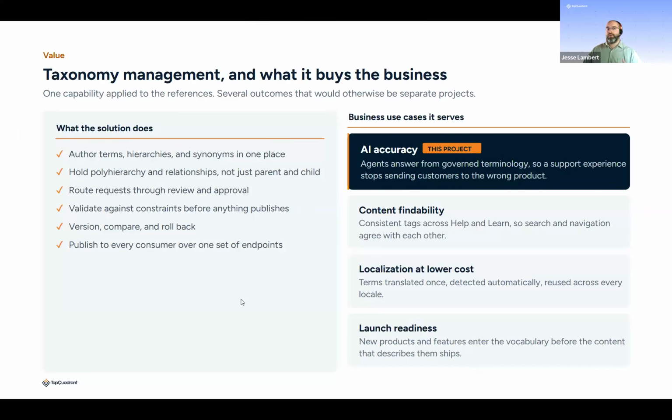Associative relationships, validation, versioning, all of the constraints, publishing, automation, a lot of things. But ultimately, on the right-hand side is really what matters. The AI accuracy is what we've built up to. Factor knew how to deliver for Rachel. Top Quadrant came in and gave a platform to basically do the publishing with, so that they weren't stuck with a simple structure.